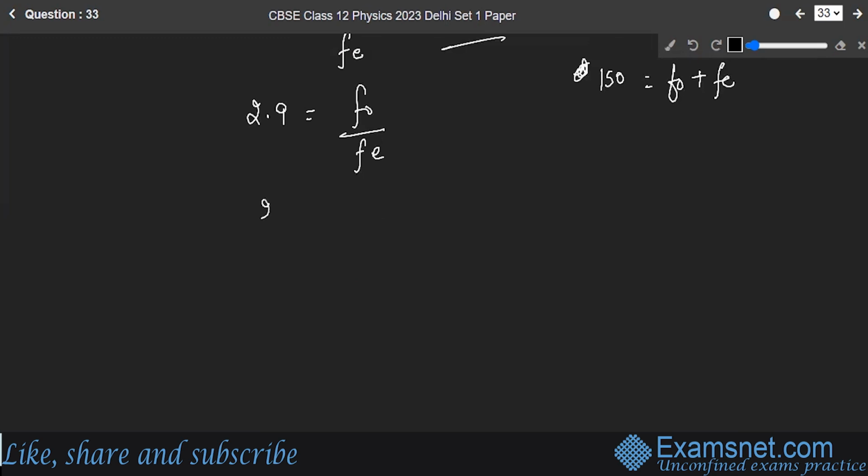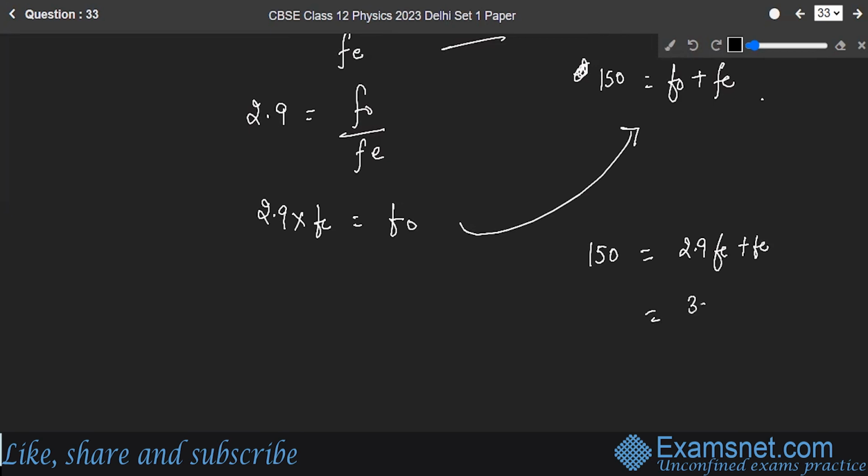So from here, you have 2.9 into fe is equal to f naught. So let's use this equation and fill it over here. So you have 150 is equal to 2.9 fe plus fe. This is equal to 3.9 fe. That is 150. So 150 upon 3.9, that's equal to fe.